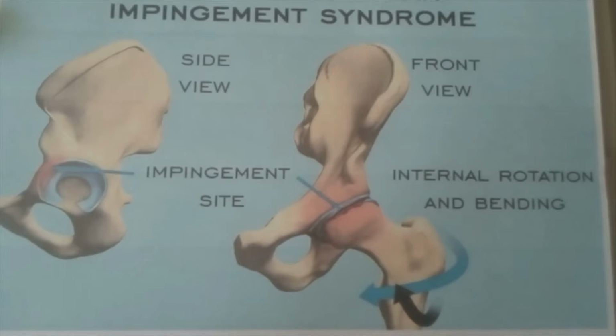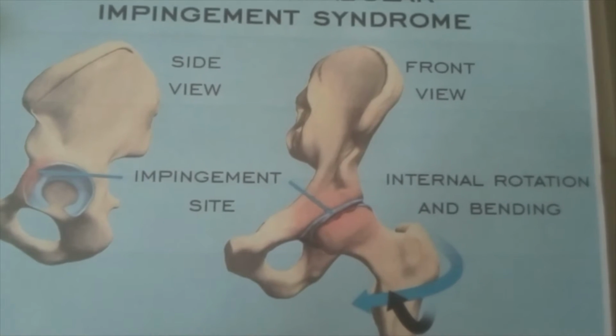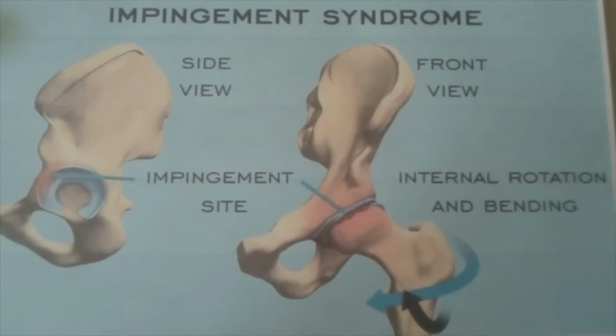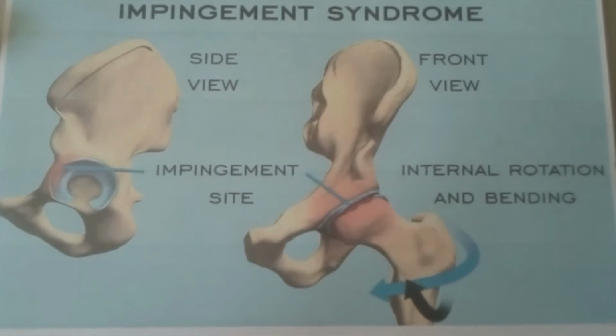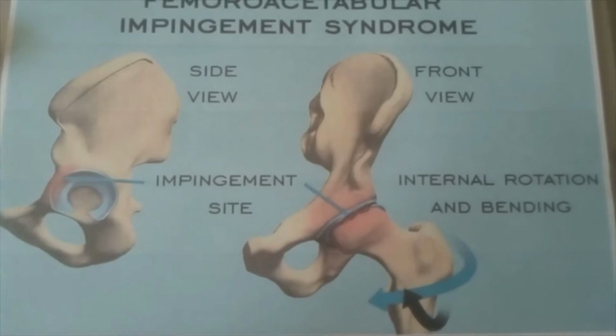So, in terms of FAI, or femoroacetabular impingement, what is it? Okay, so FAI basically occurs when there is abnormal movement between the hip bones.